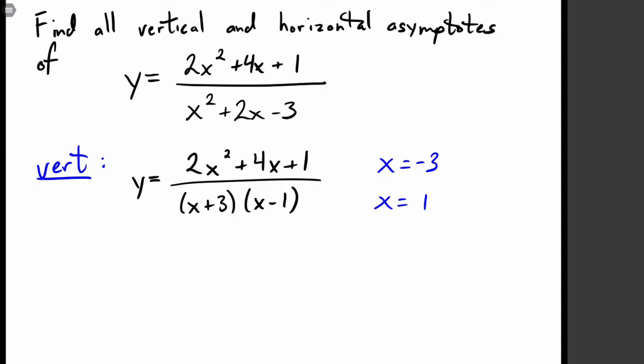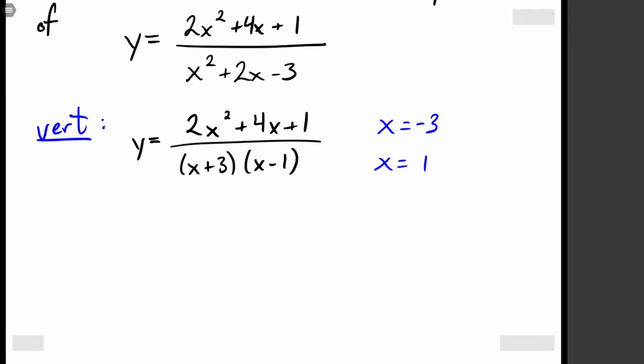So it's sort of pick which one you'd rather do here. Of course, you can do the two-sided limit. Let's say I'm going to pick the limit from the left for the first one and from the right for the second one. The limit as x approaches negative 3 from the left of this.